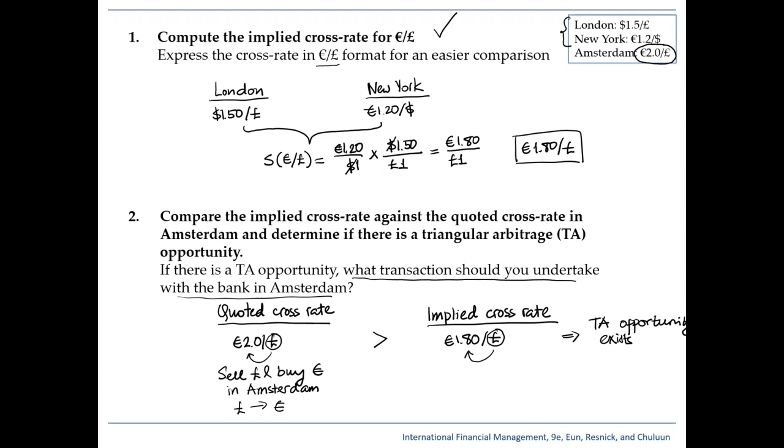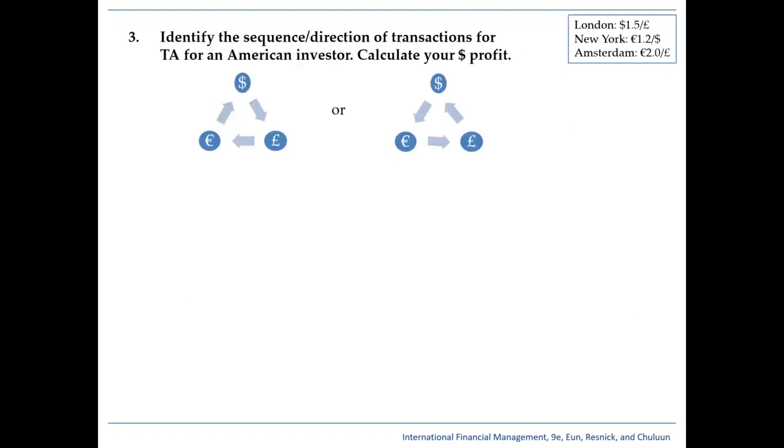So once we know this, it's going to be easy for us to figure out the rest of the transactions. So remember that if you're going between three currencies, pound, euros, and dollars, there's really two ways to go between these three currencies and end up with the same currency that you started with. So you can go from dollar to pound, back to euro, back to dollar, or the other way around.